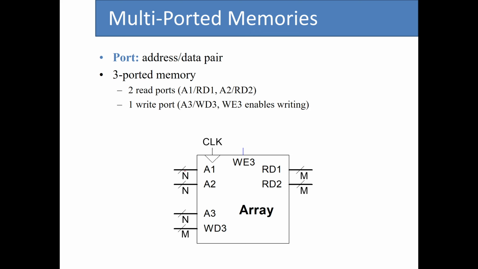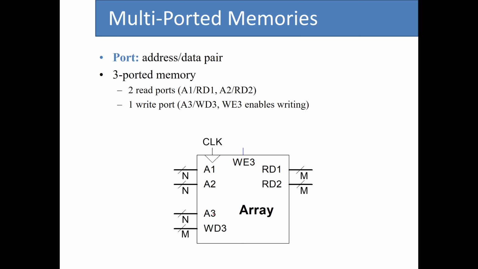A1, which has n bits, that's the address for reading data, and RD1, that is basically the corresponding data that you read from address 1. Then you can have address 2, and RD2 is the corresponding data that you read from address 2.